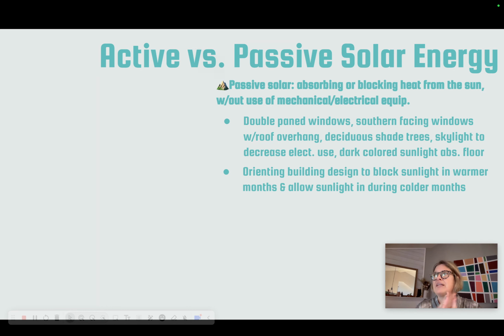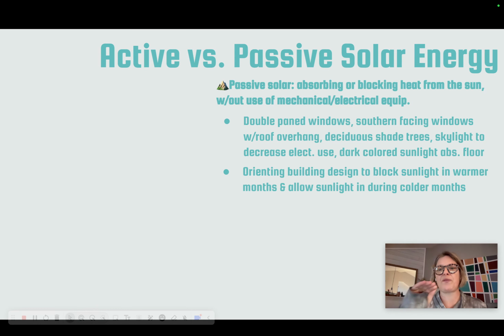Or having southern facing windows, because in the northern hemisphere where we live, the sun is going to be in the southern part of the sky during the winter, and also in the summer, because we're fairly high up in latitude. Southern facing windows allow more sun to come in, heating it up.